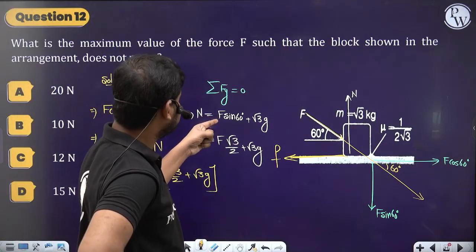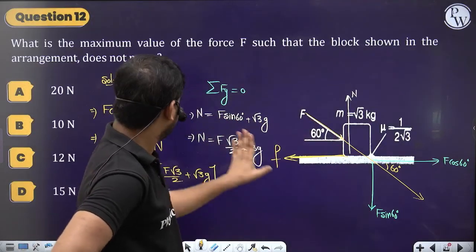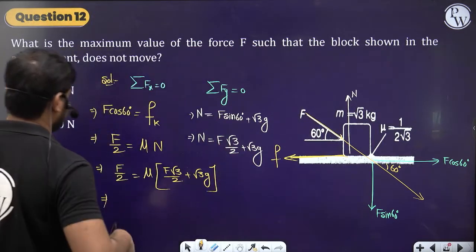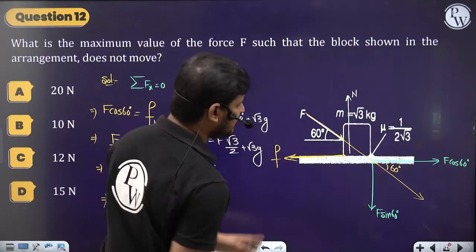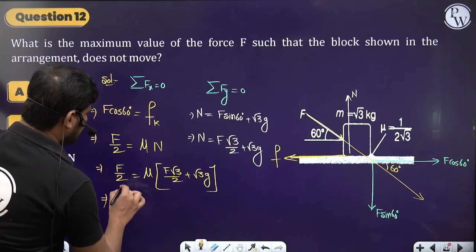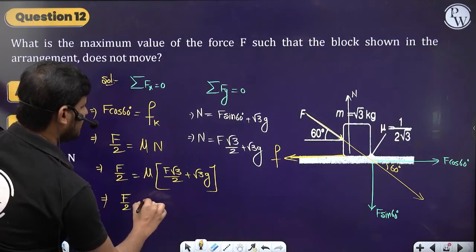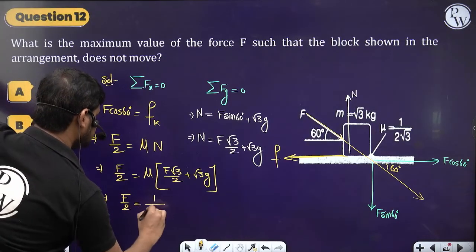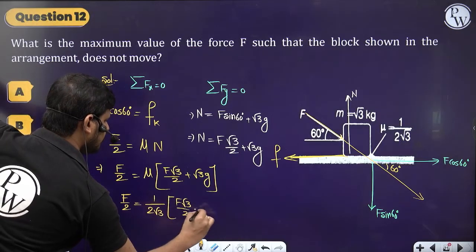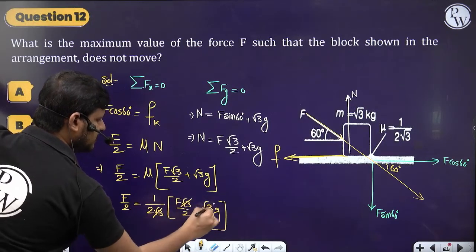So N is equal to F sin 60 plus root 3 g, so N is F root 3 by 2 plus root 3. Here F cos 60 should be balanced by this friction force. So F by 2, substitute the values. What is the mu value given? 1 by 2 root 3. So it is F root 3 by 2 plus root 3 g. I can take root 3 common and cancel root 3 with root 3.